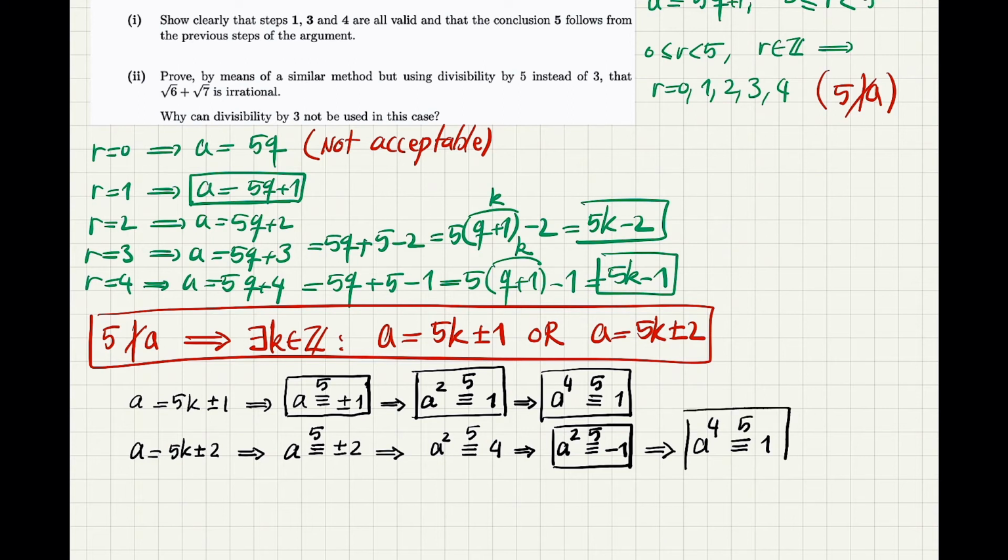So what you see is that if a is not divisible by 5, for a I have 4 possibilities modulo 5: plus or minus 1, plus or minus 2. But for a squared, I have 2 possibilities: plus 1, minus 1.